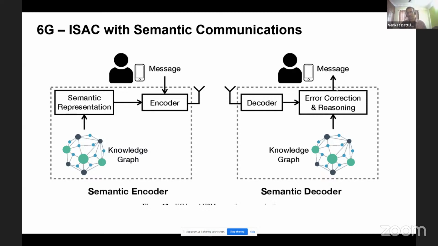I'll just give you an idea. Semantic communication is aiming to break the Shannon bound. A typical communication channel transmits this much data rate. It can't go beyond those Shannon limits. Semantic communication is taking up the challenge of trying to break the Shannon bound.